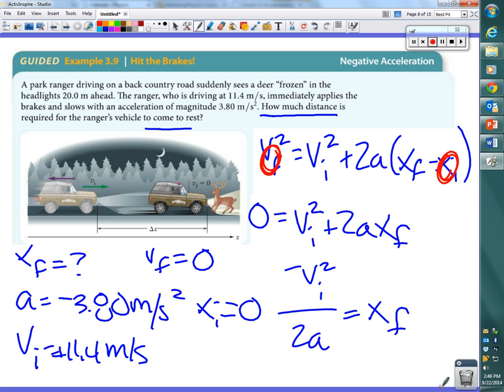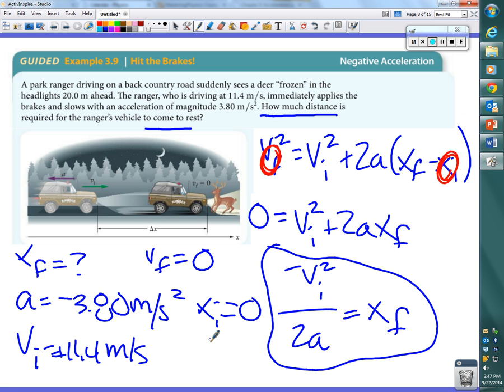That's negative VI squared, because I had to bring it to the other side of the equation, right? So I subtract VI squared from both sides of the equation, okay? And I end up with that equation to solve for x final.